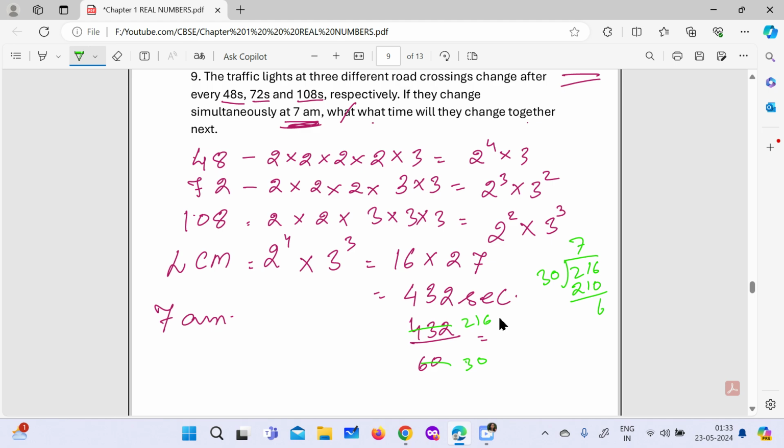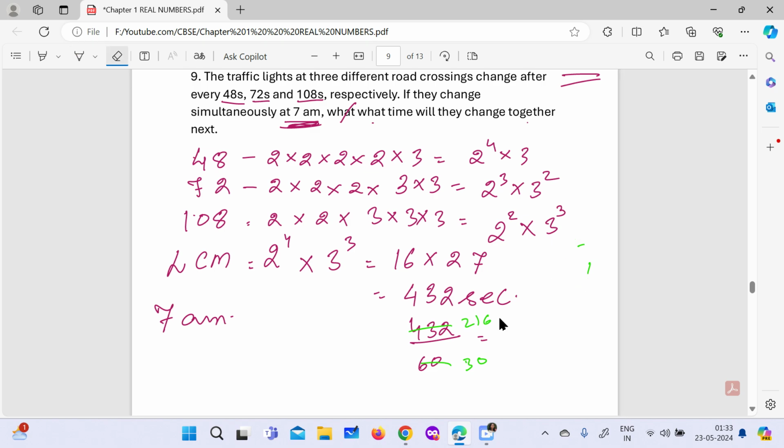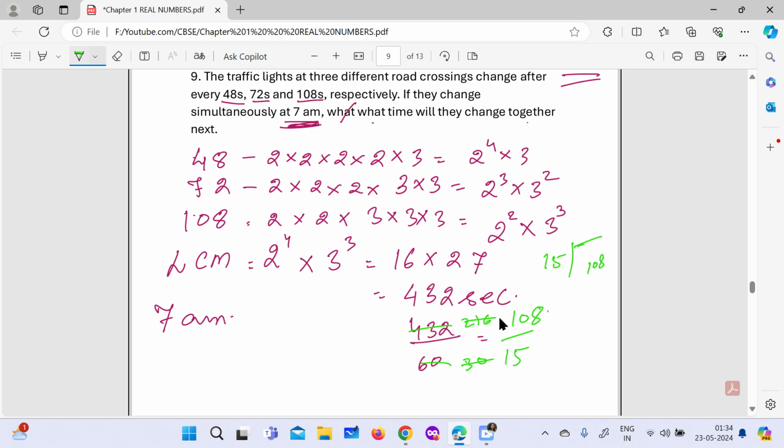Let me divide it here itself. Then you have 15 here and you get 108 here. So we divide 108 by 15 and we get 7 minutes and 3 seconds. So it will change after 7 minutes and 3 seconds.